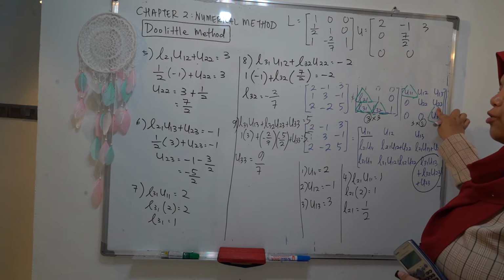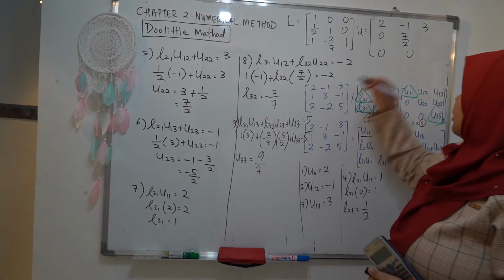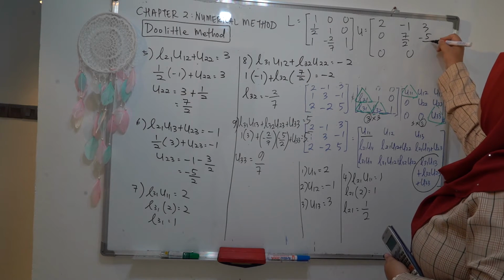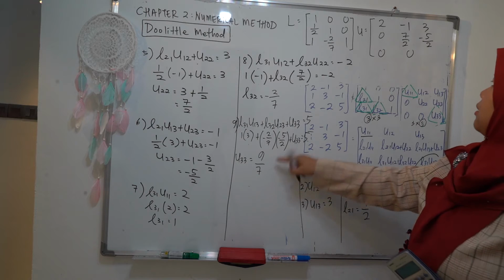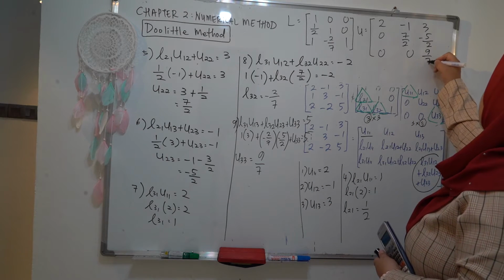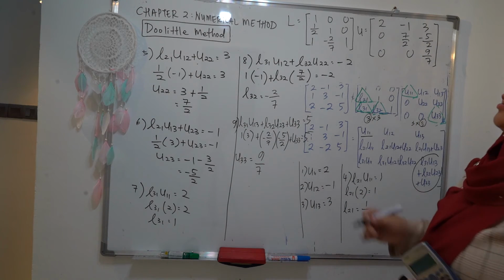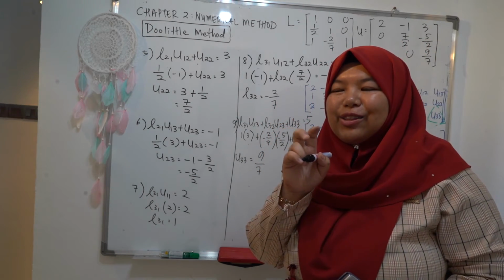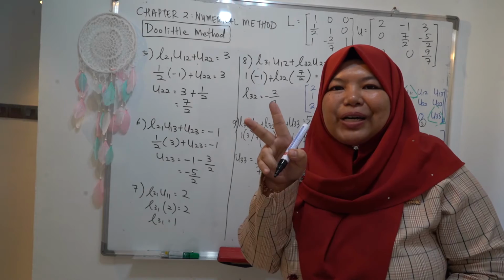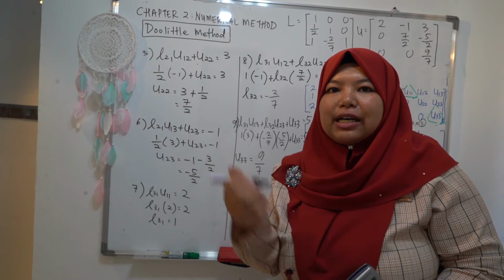U23 negative 5 over 2. The last one, U33, is 9 over 7. So done step 2. We still have step 3 and step 4.